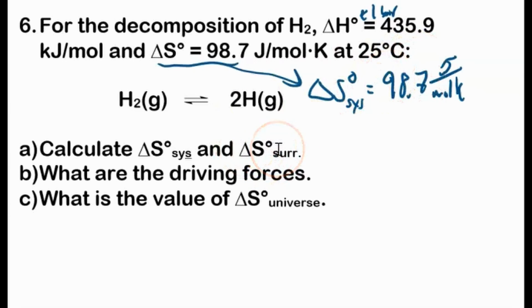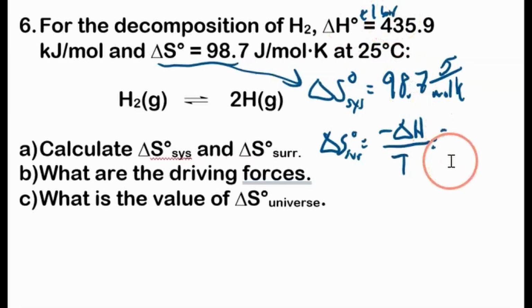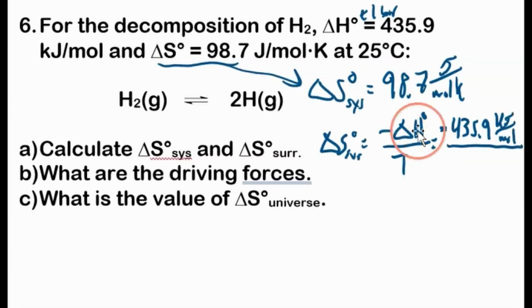Now the change in entropy of the surroundings, we have to go based off of this change in enthalpy. So the change in entropy of the surroundings equals negative the change in enthalpy of the system divided by the temperature. And the enthalpy, we would make this in standard state, is negative 435.9 kilojoules per mole. That's pretty high. This is in joules per mole, and this one's in kilojoules.